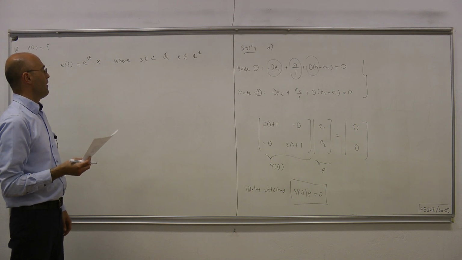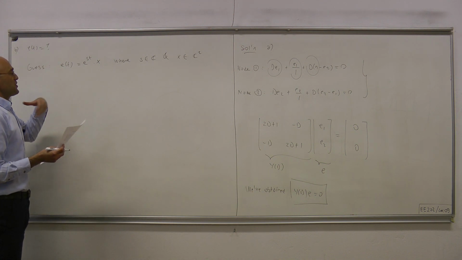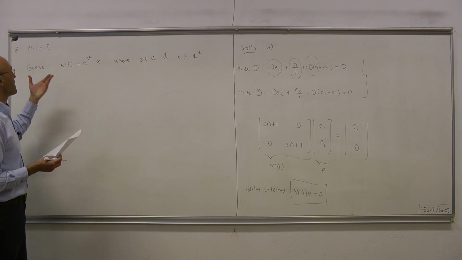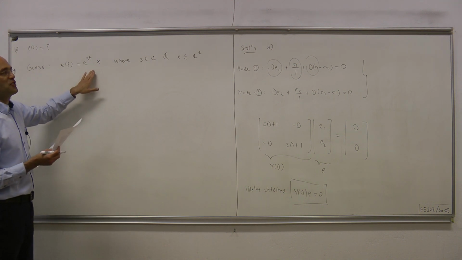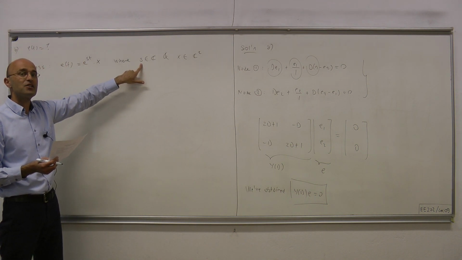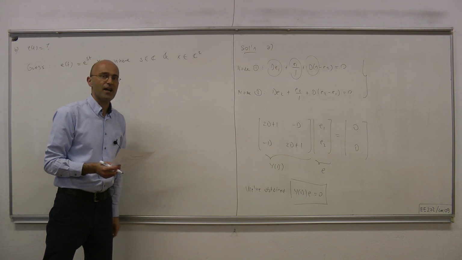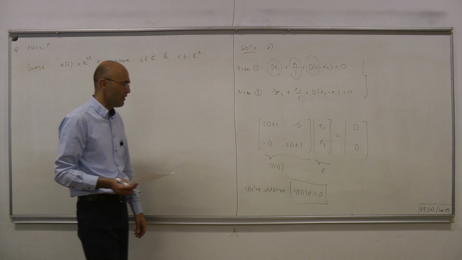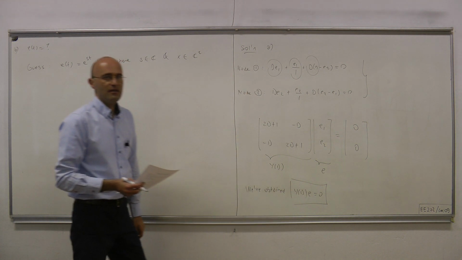Now let's try to figure out the consequences of this guess. Supposing that E of t has this form, what can be said about this scalar s and this vector x?